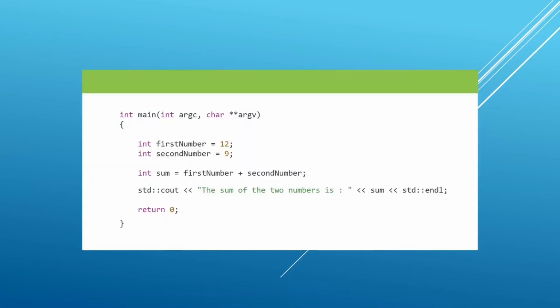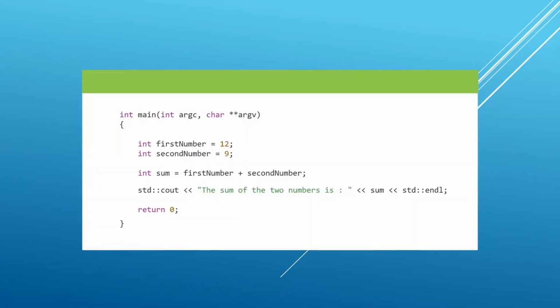Here is a basic sample C++ program that we're going to use to learn about statements. In the main function here, we have two variables declared. We haven't really learned about variables, but they are a way to store data in your program. And here we are storing two decimal numbers. One is called first number, the second is called second number.